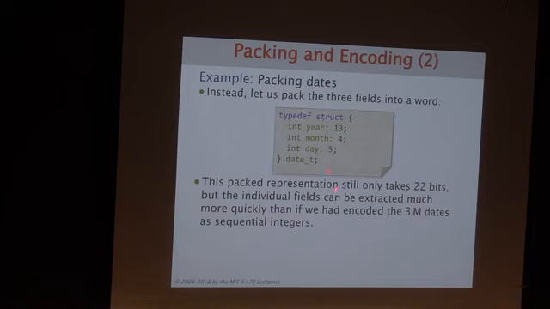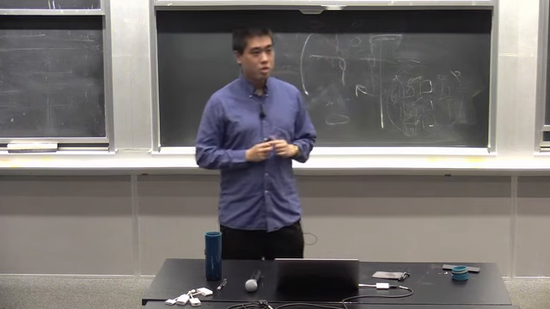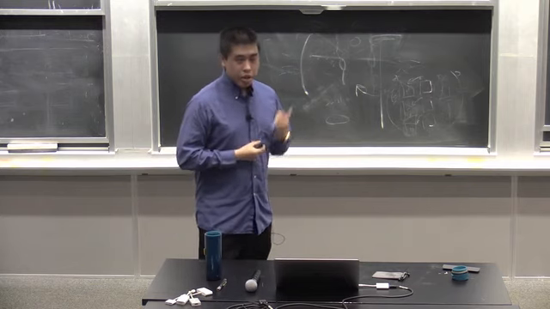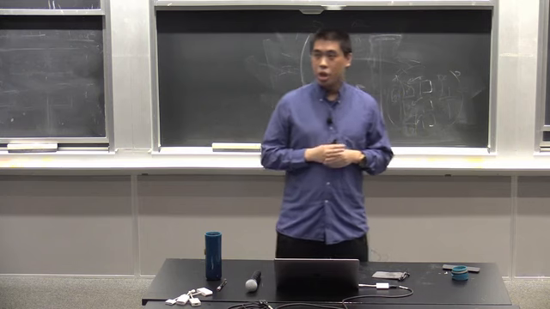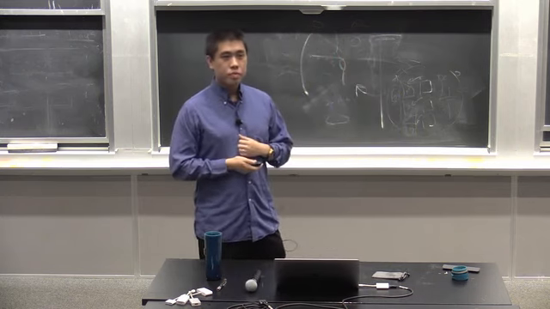Yeah, so this will actually pad the struct a little bit at the end. So you actually do require a little bit more than 22 bits. That's a good question. But this representation is much easier to access than if you just had encoded the integers as sequential integers.